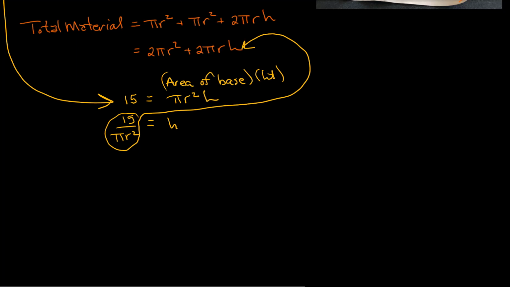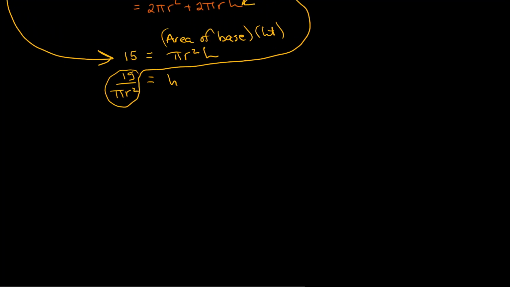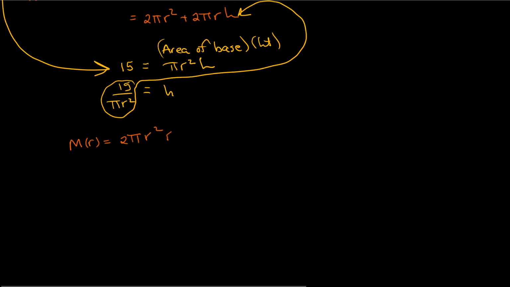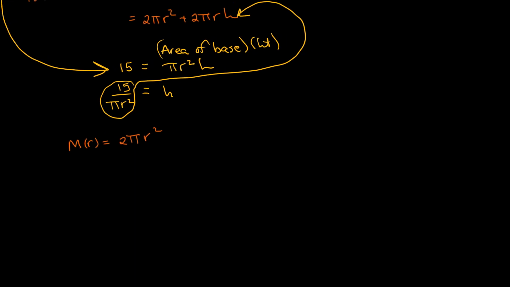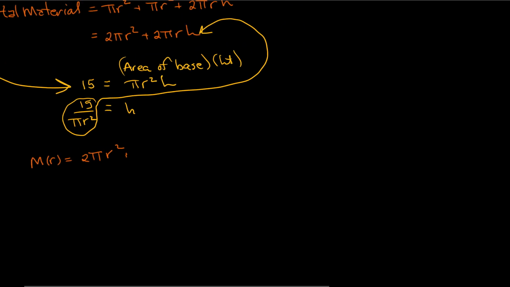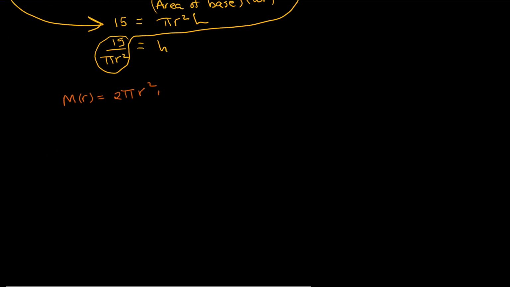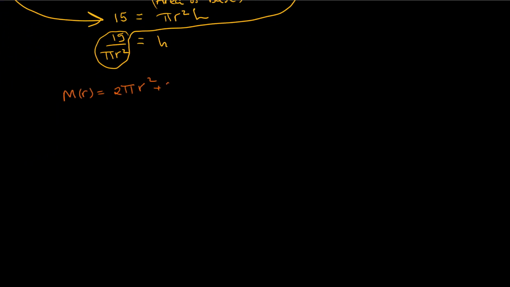So what this allows us to do then is to say, okay, the material that we need is going to be based on one variable, the radius, and you'll see that in a minute in case you don't see it now. It's going to be 2 pi r squared plus the second term, 2 pi r times h.